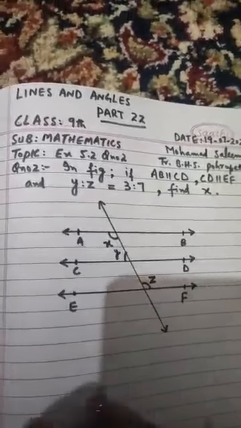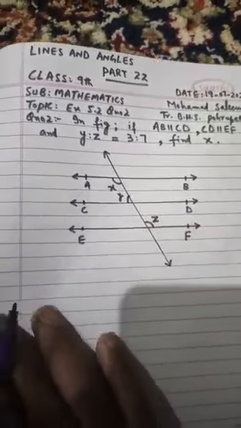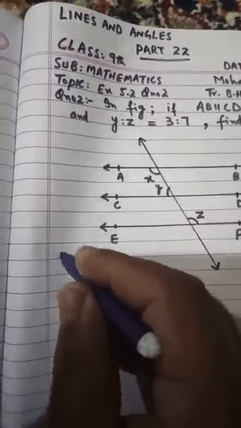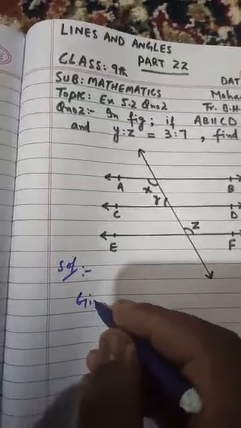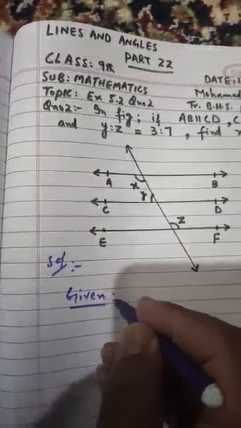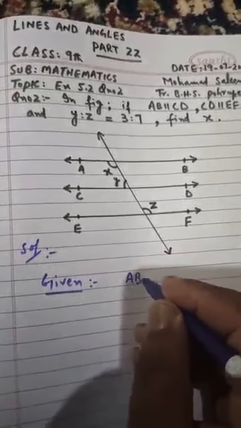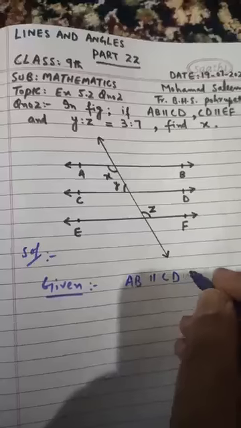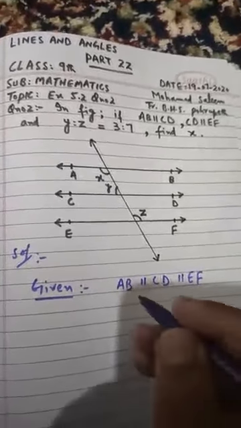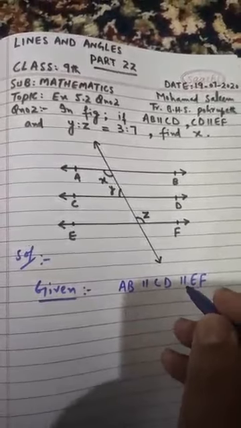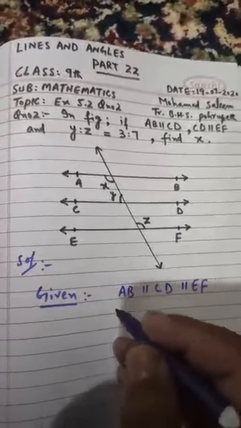Okay, let's move on and first write what is given to us. Given we have AB parallel to CD parallel to EF. Is anything else given in the question? Yes.